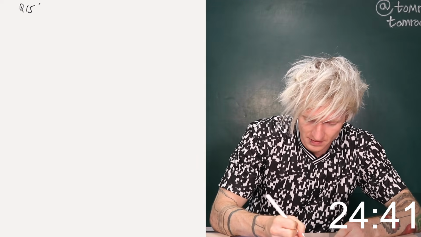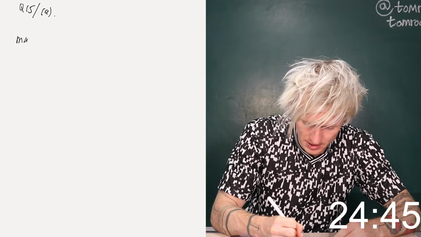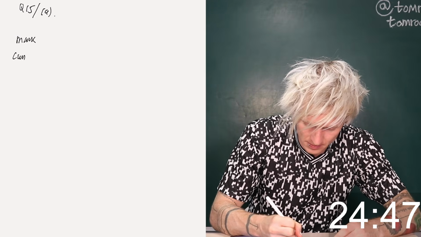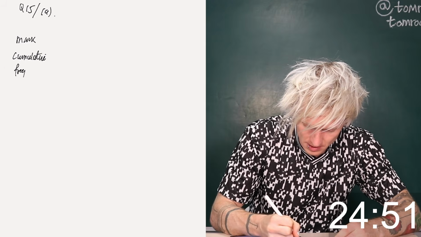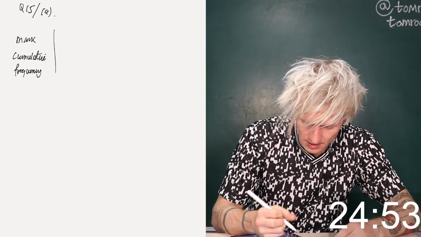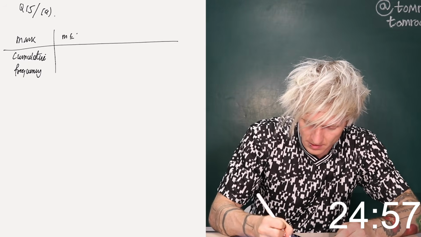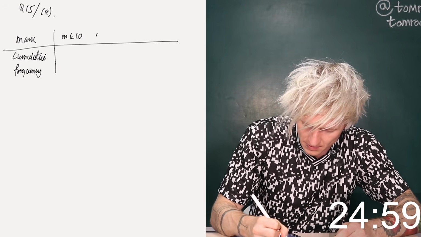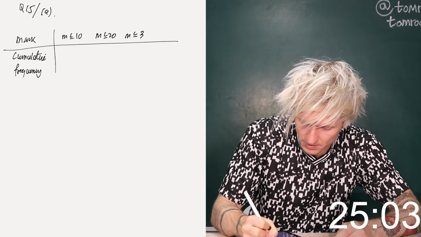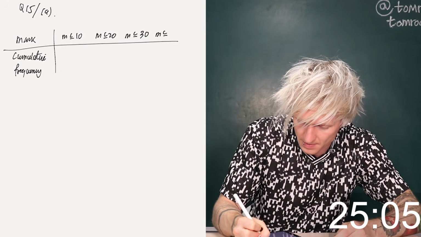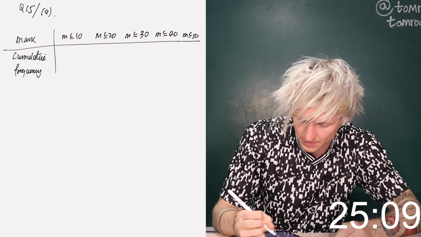So question 15A. Let's write this. We've got mark, and then we're going to write cumulative frequency, and draw a little table. So when m is less than or equal to 10, then we want 20 up to 50. Less than or equal to 20, 30, 40, 50.